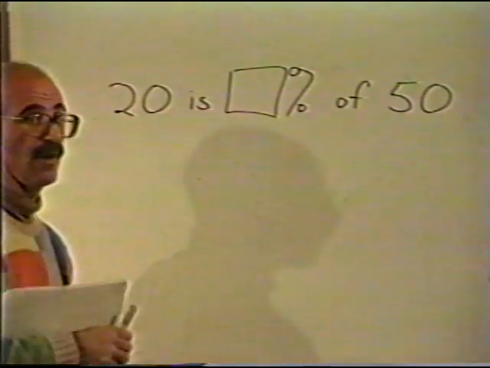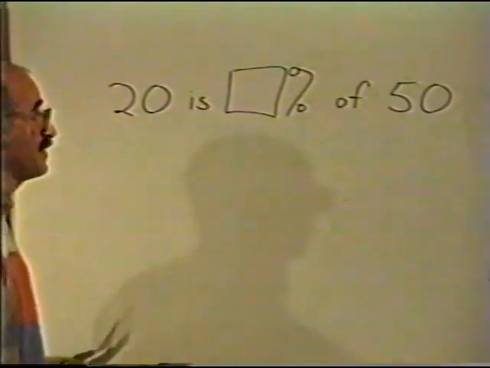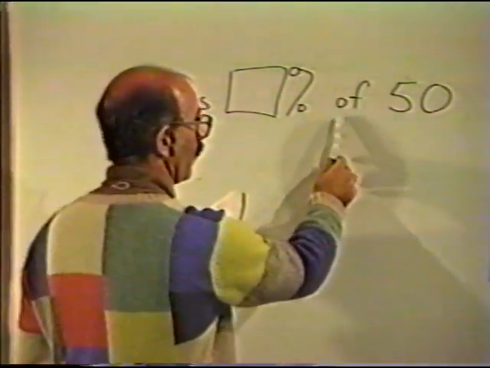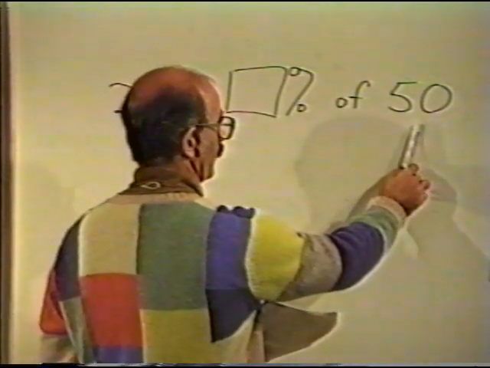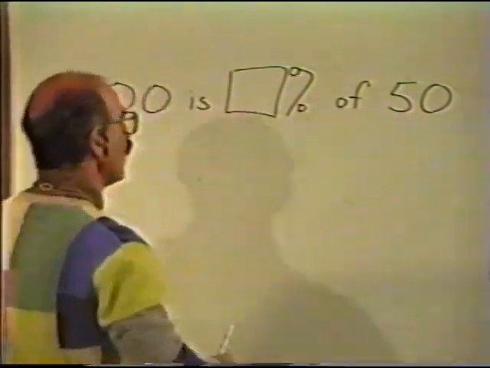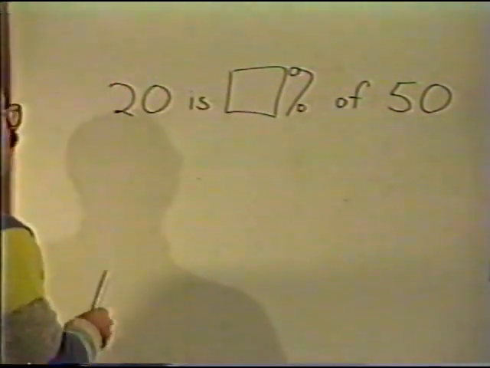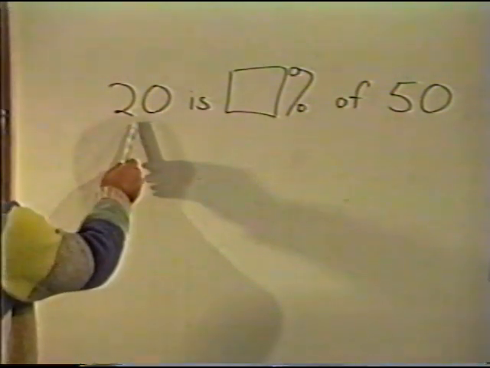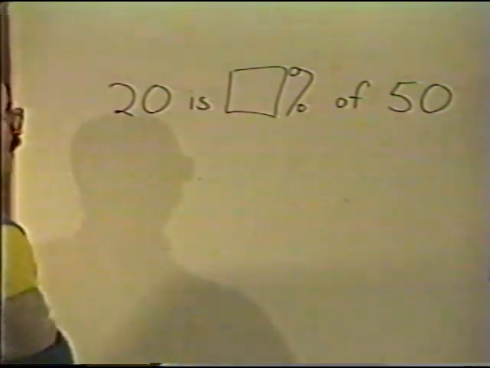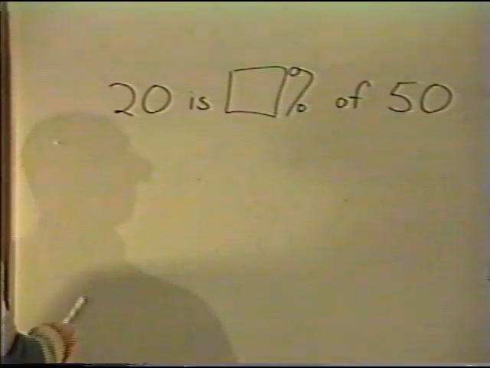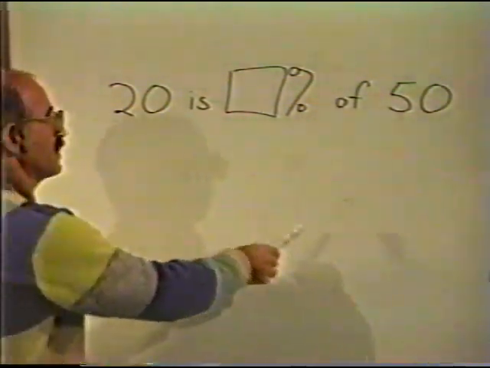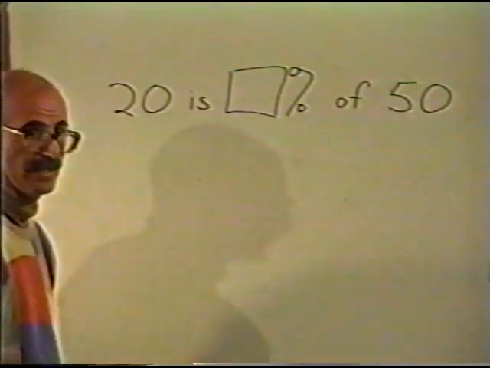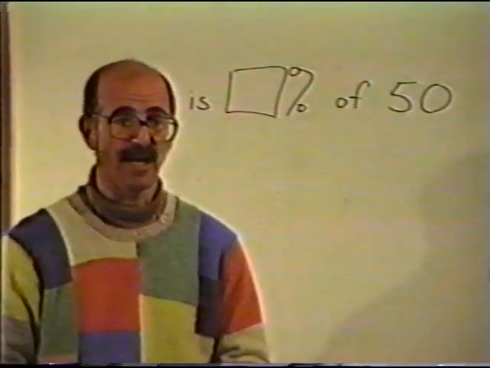We know the whole thing. That comes after the word of, and the whole thing is 50, and we know the part of the whole. How much is the part of the whole? 20. But we don't know what percent 20 is of the 50. And that's what we need to find out.